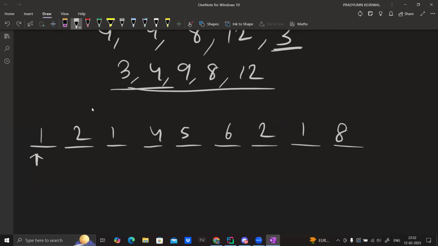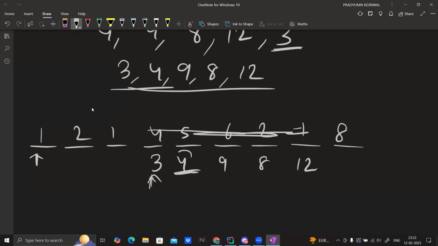Okay. But if I apply that here, 3, 4, 9, 8, 12. Okay. And these elements are gone. So now if you see, 3 is right here. But after this 3, at the second element, definitely it is something greater than 3, because B has all distinct elements and 3 is the minimum element.